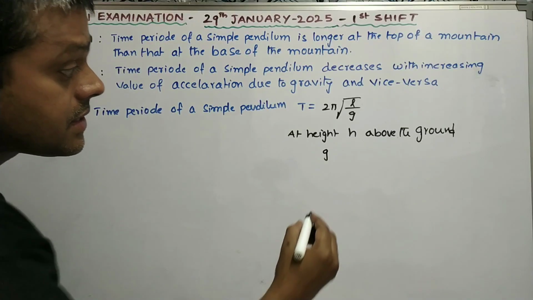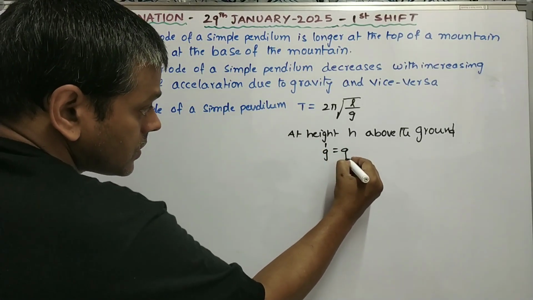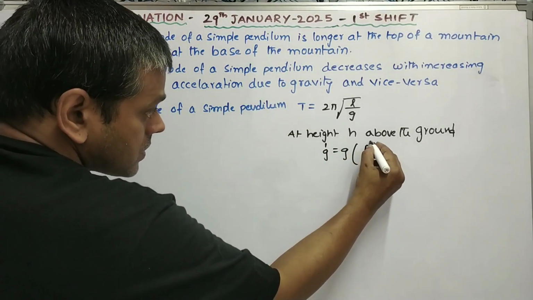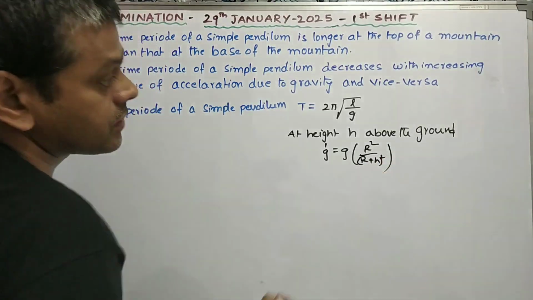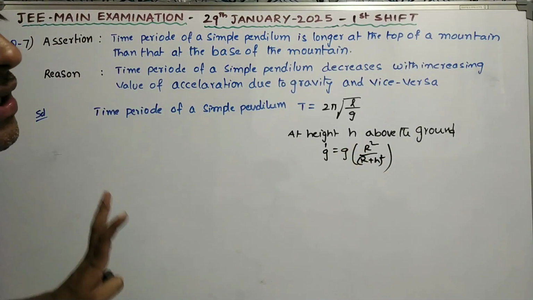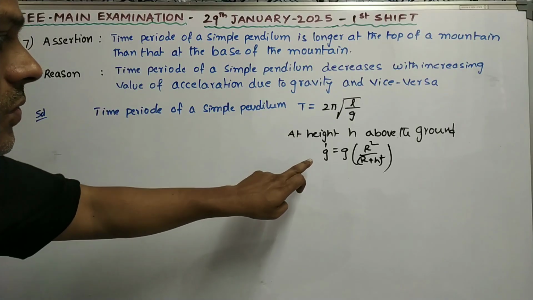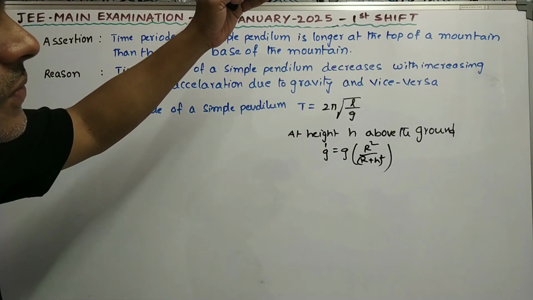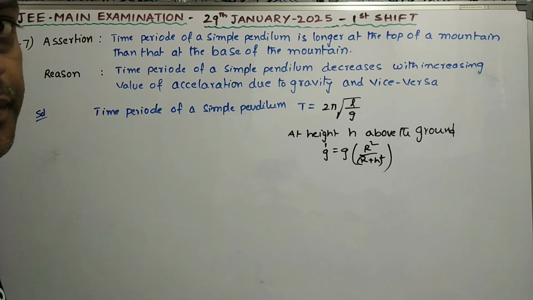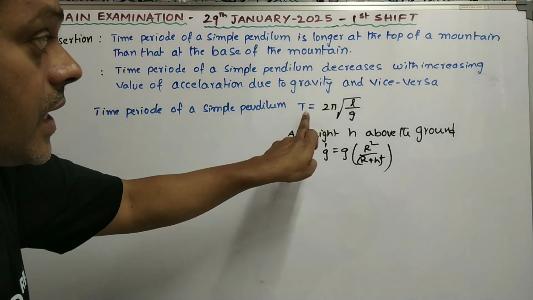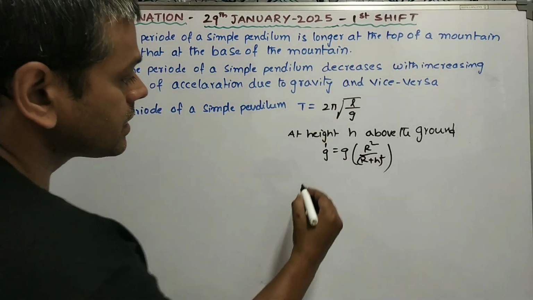How does it change? g dash is equal to g into R square by R plus h whole square. So when you go away from the ground, g decreases. But g decreases gradually. Actually, time period is here.